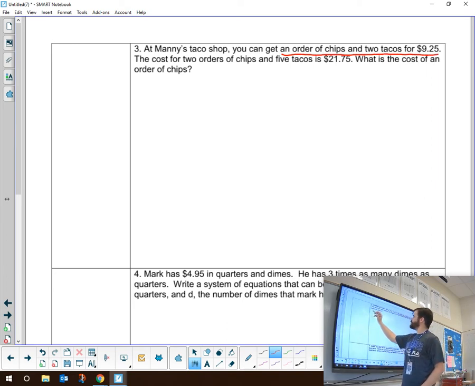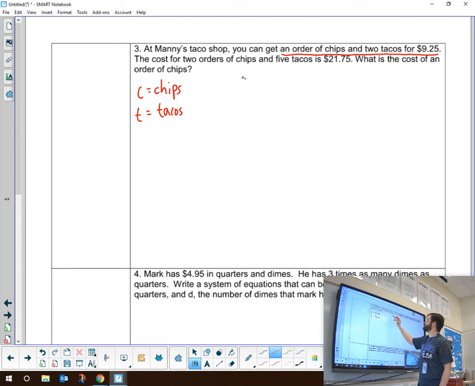So I'm going to use C to represent chips, of course, and I'm going to use T to represent tacos. So I can write out this first portion. 1 order of chips, so 1C, plus 2 orders of tacos, so 2T, equals $9.25. Okay, that doesn't really help me decide how much tacos and chips cost, but if I had another frame of reference, we could figure this out.